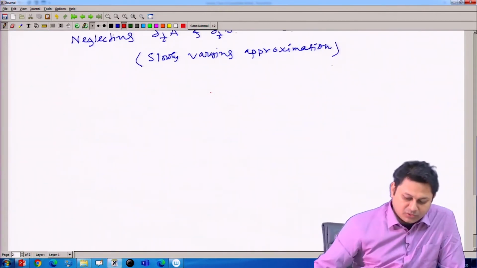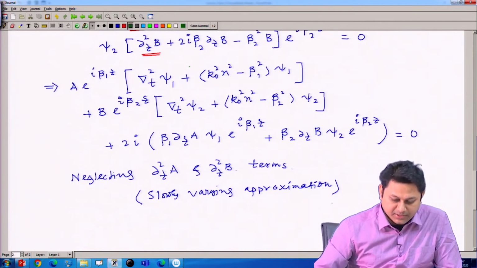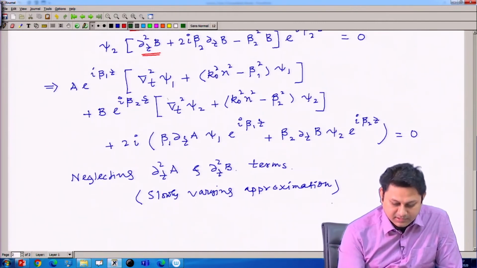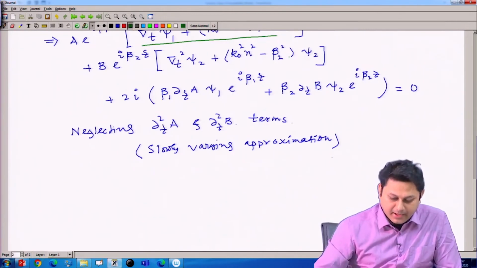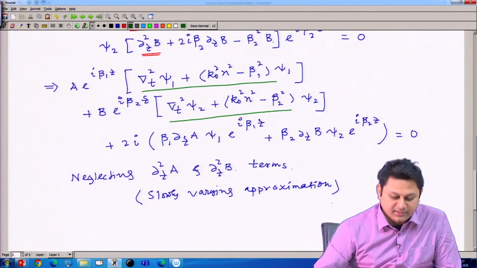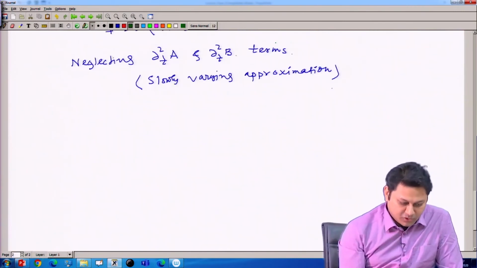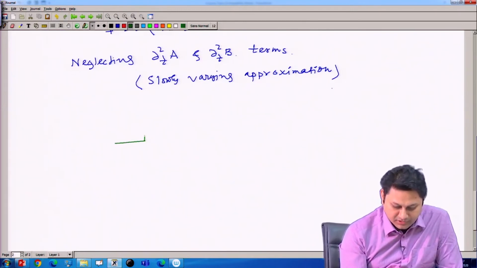Now, let us go back. There is a reason why we put this term here, this term and this term, we write it for a reason, and let me draw once again the structure. So, our structure was like this, two waveguides placed side by side.